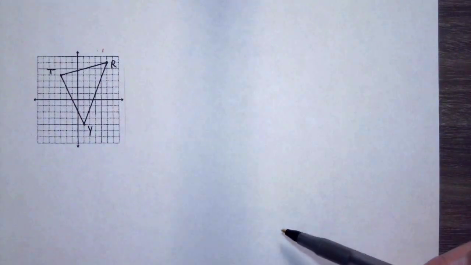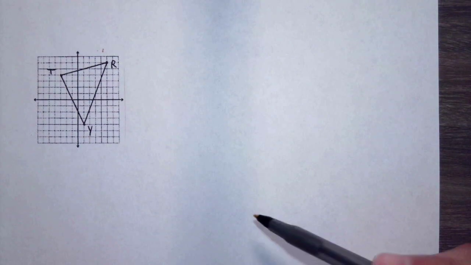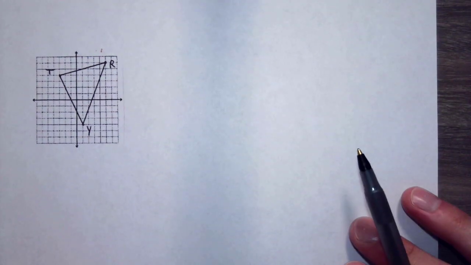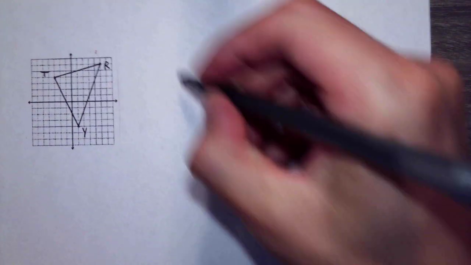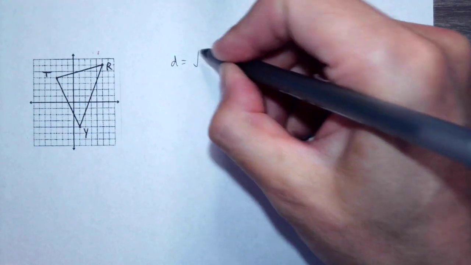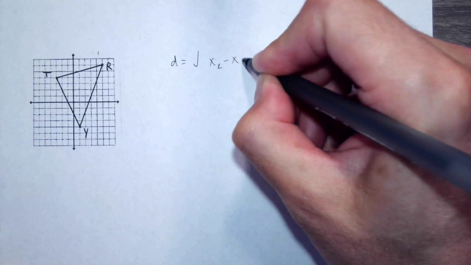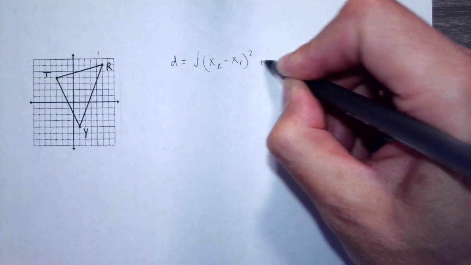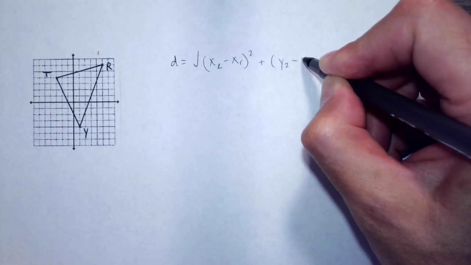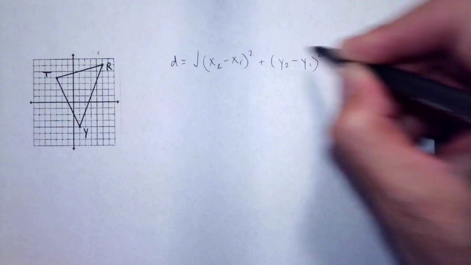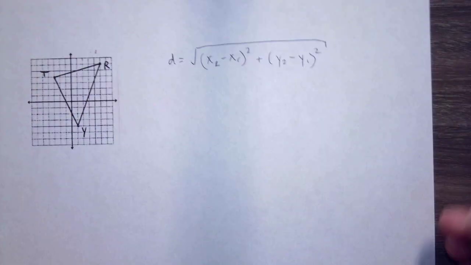If we were going to find the perimeter of this polygon, T, R, Y, just random letters chosen for no reason at all. So the distance formula, again, will be x2 minus x1 squared, and then y2 minus y1 squared, and then we'll take the square root of all of that.